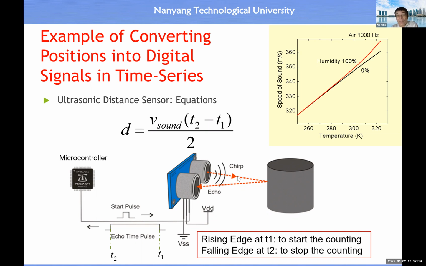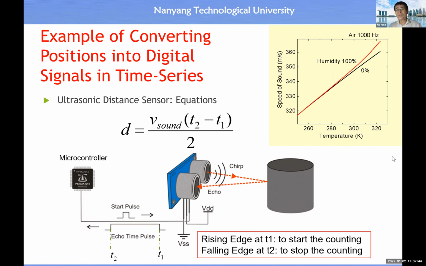Then for ultrasound, because this is a mechanical wave, in air at normal temperature, we know its speed is about 340 meters per second. Use this number. If you have other sensors which tell you temperature and humidity, you can actually couple the temperature sensor, humidity sensor, and distance sensor together in order to obtain a very precise calculation.